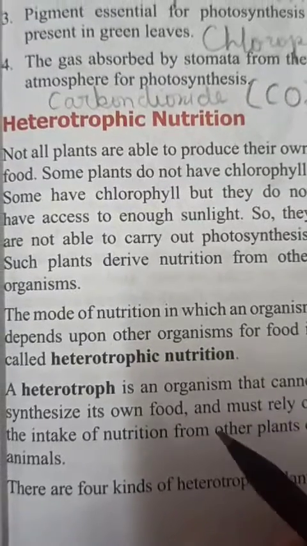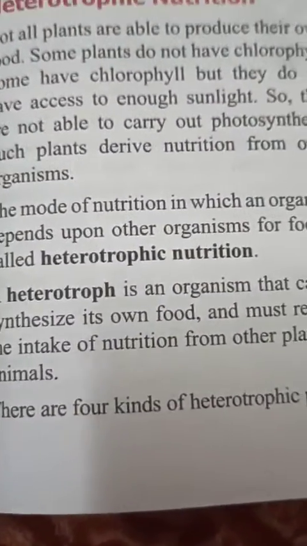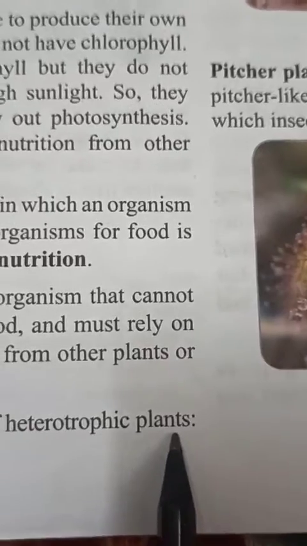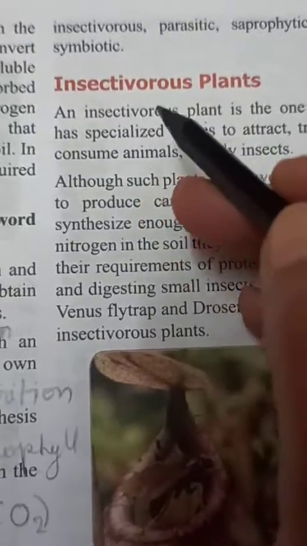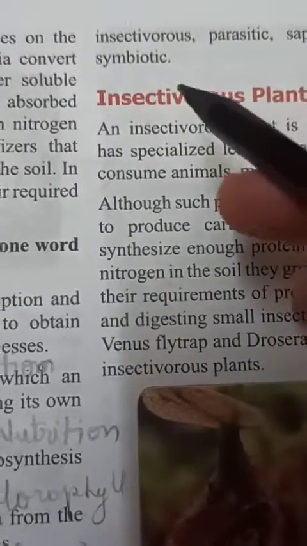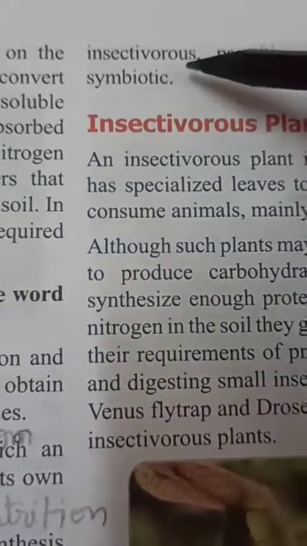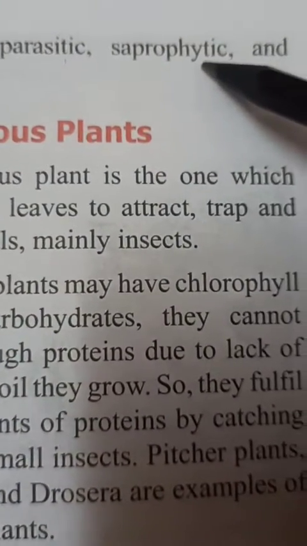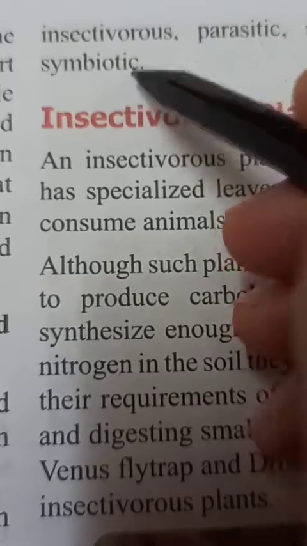Under this category, there are 4 kinds of heterotrophic nutrition which we are studying, and out of them I have explained the insectivorous plants. So what are the 4 types of heterotrophic nutrition? First is insectivorous, second is parasitic, third is saprophytic, and fourth is symbiotic.